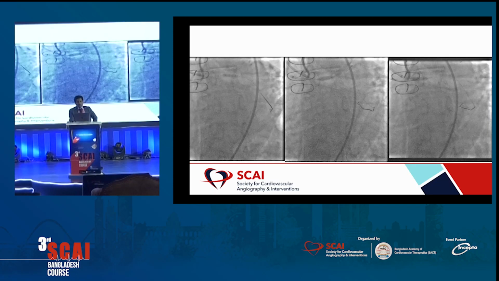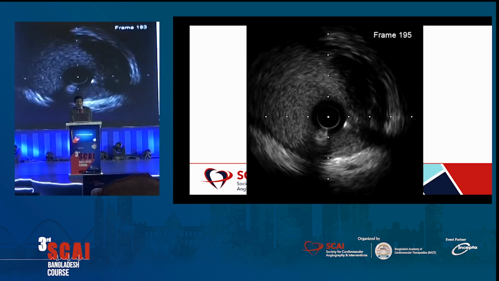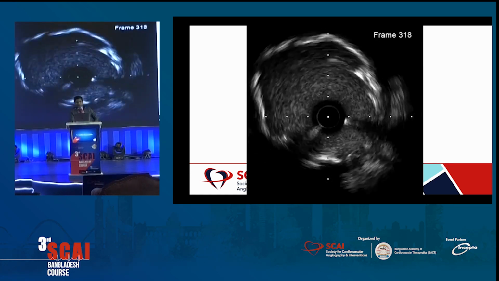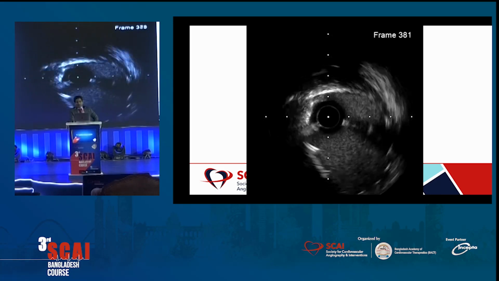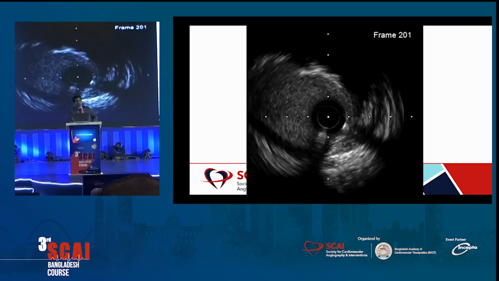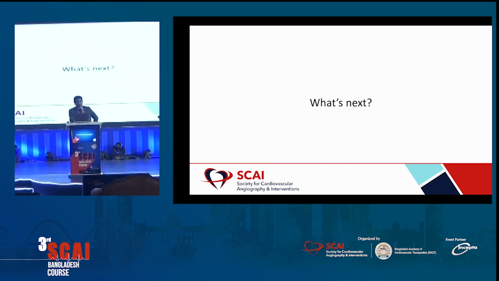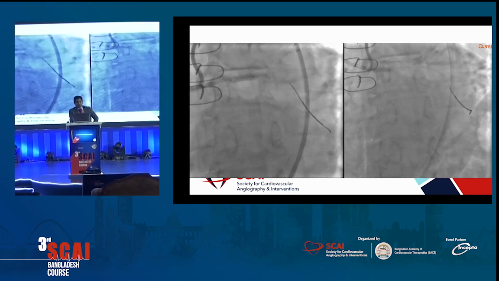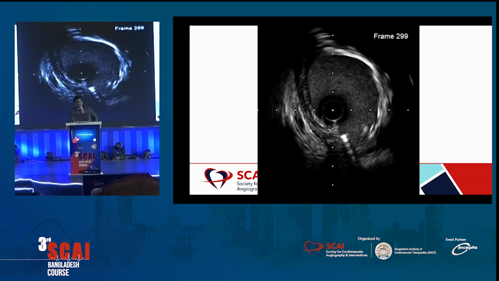So obviously we did the balloon dilatation, and this is the post-balloon dilatation, which is with the 4 millimeter NC balloon. You see there's still persistent recoil. So what next? So obviously we used IVL here, and this is post-IVL.